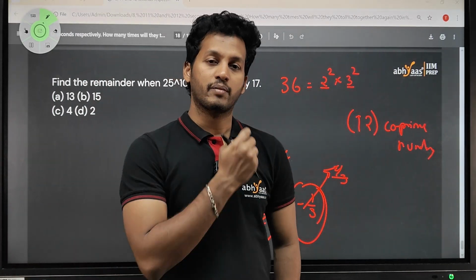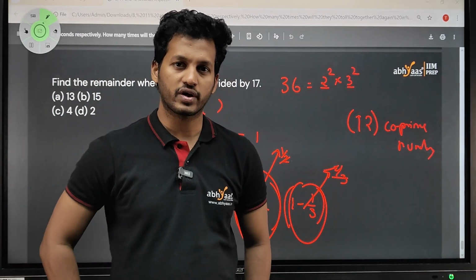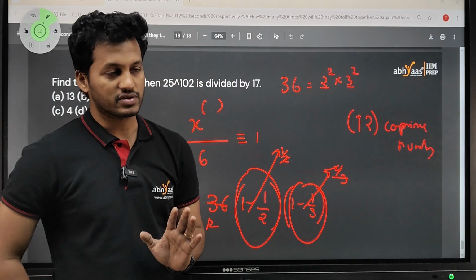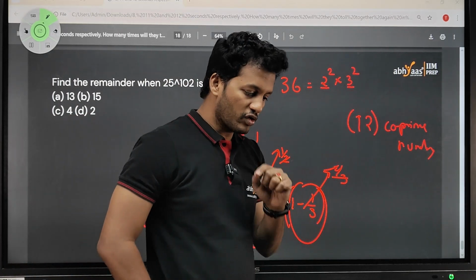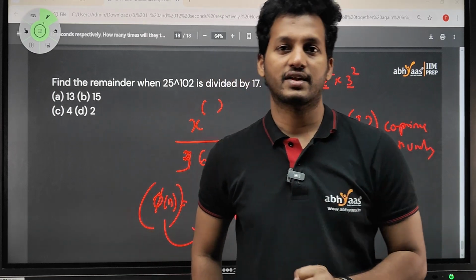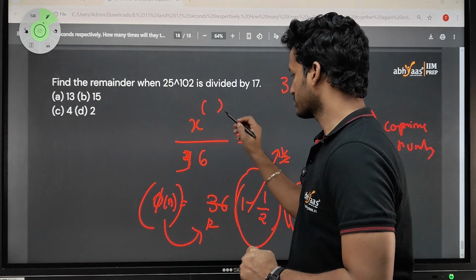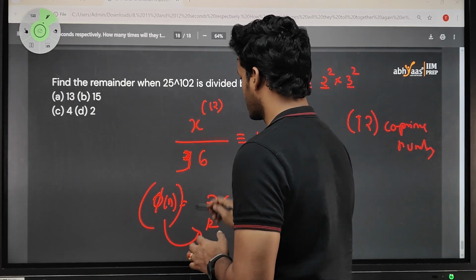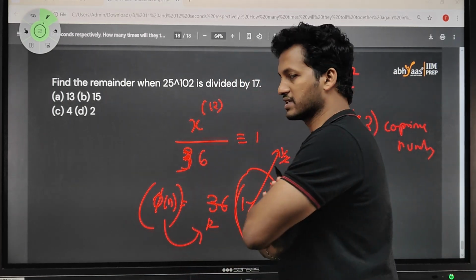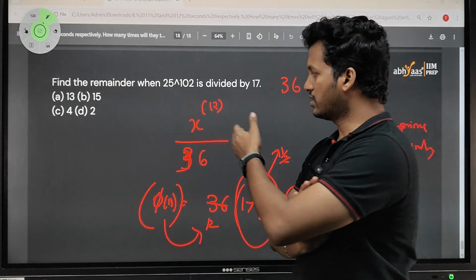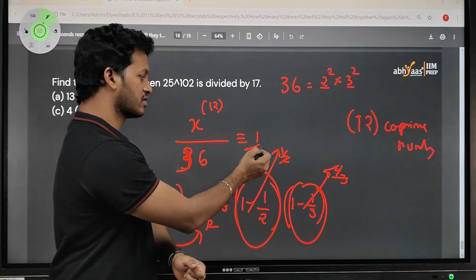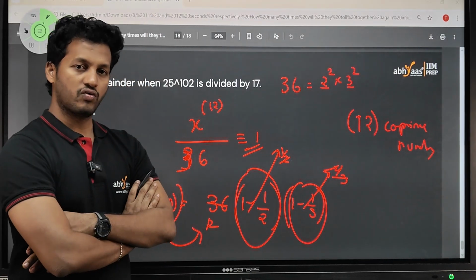They are co-primes, not just primes. So if x power 12 is divided by 36, and both are co-primes, it will leave the remainder 1.